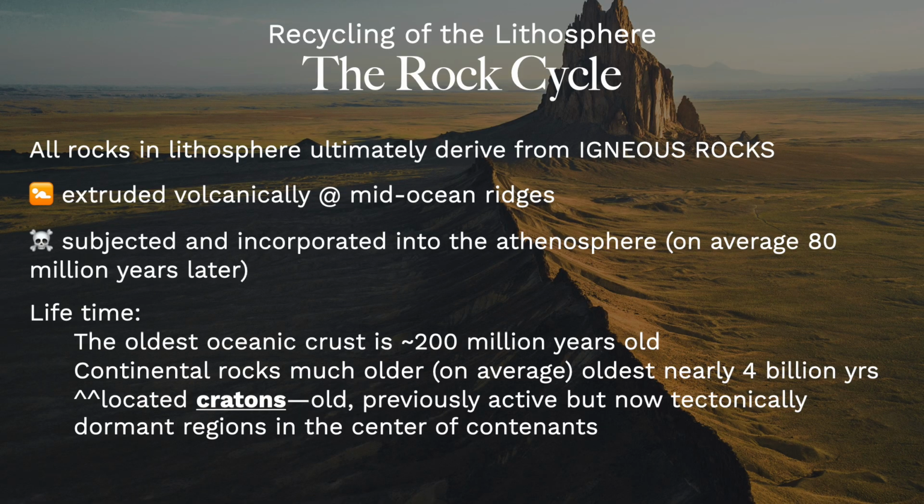So some of these rocks are born when they're extruded volcanically, maybe at a mid-ocean ridge in the middle of the ocean. Then that rock is going to die ultimately when it's subducted and incorporated into the mantle, and melted, and it goes back to the mantle.